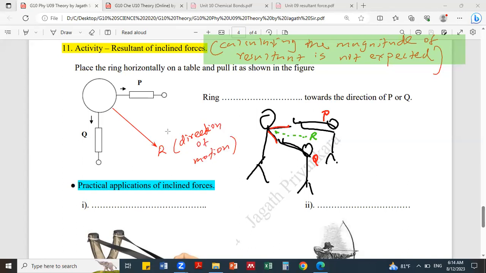R is the resultant, and that is the direction of motion of the ring, not towards P, not towards Q. R is the resultant force. Okay. Hurry up, students.